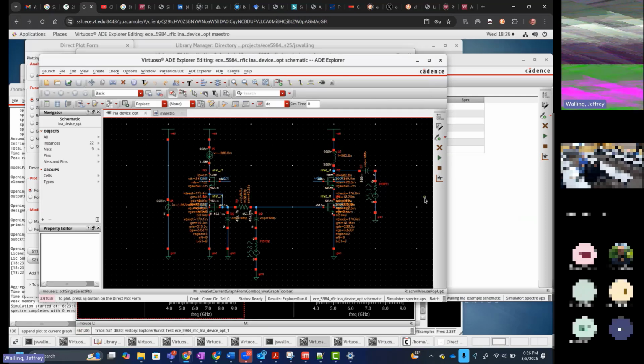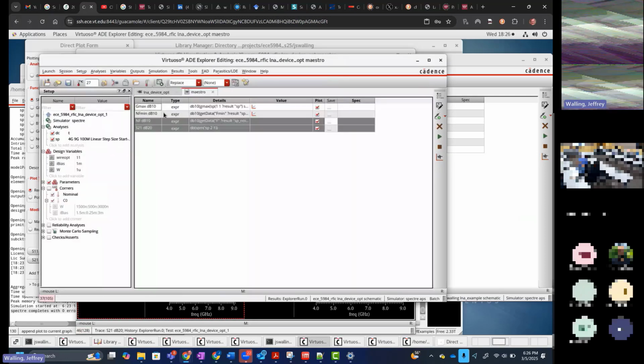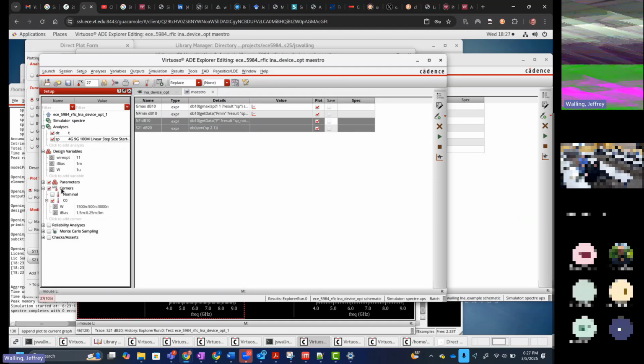Okay, now some other things that will help you as you start doing design are these corner simulations. To enable corners, you can click on the checkbox and you can set up a corner. We'll open up this particular corner here.